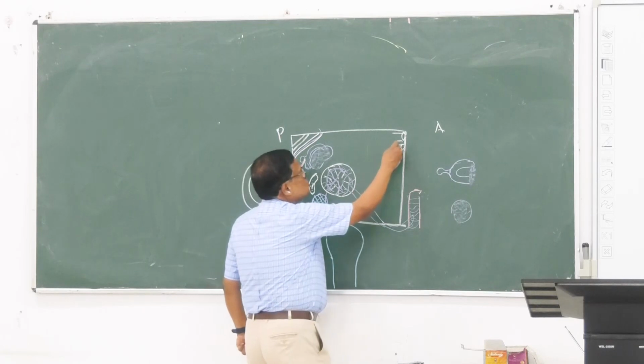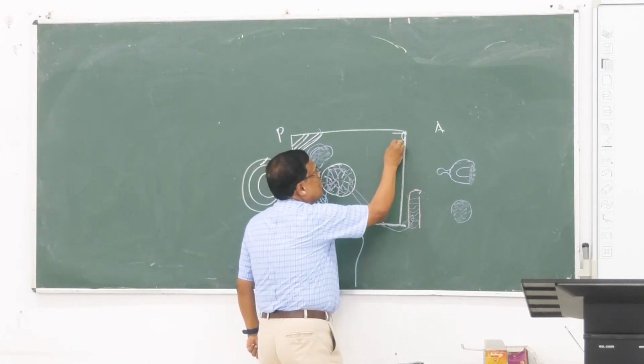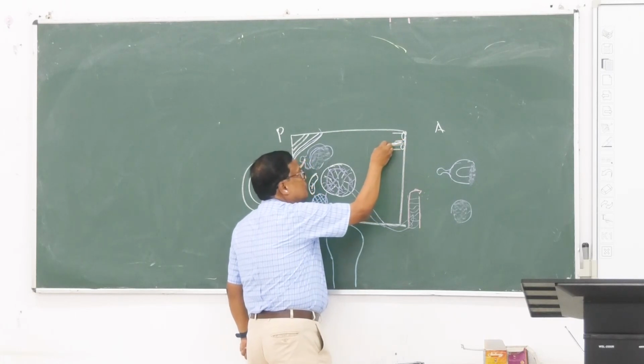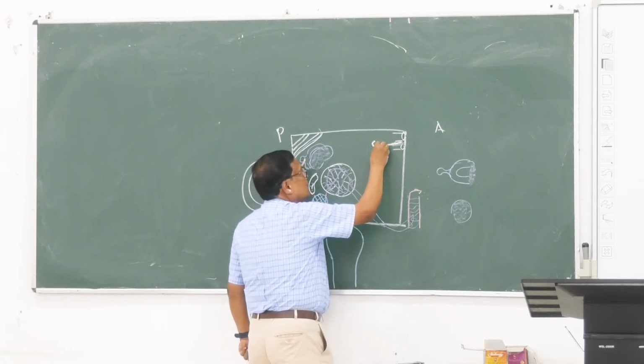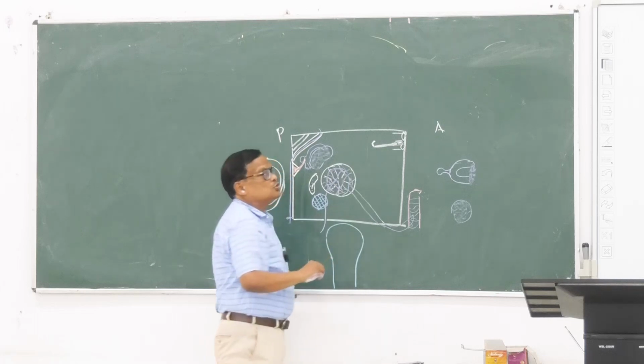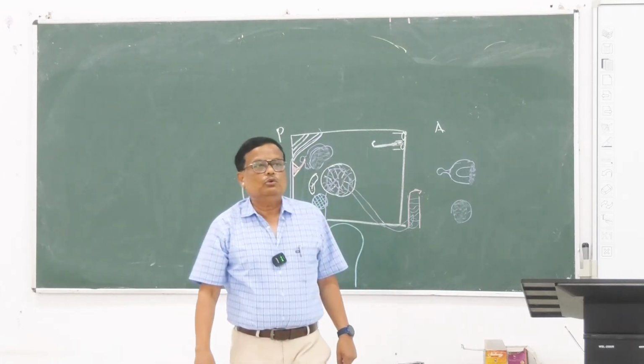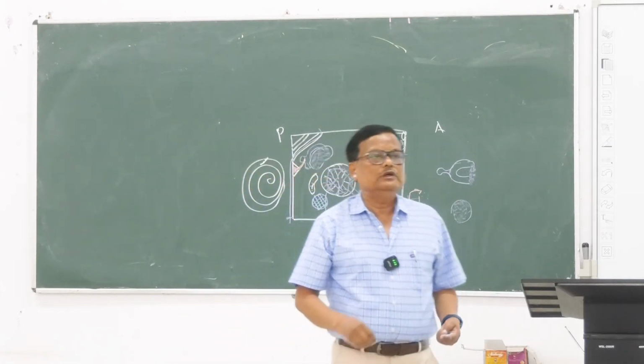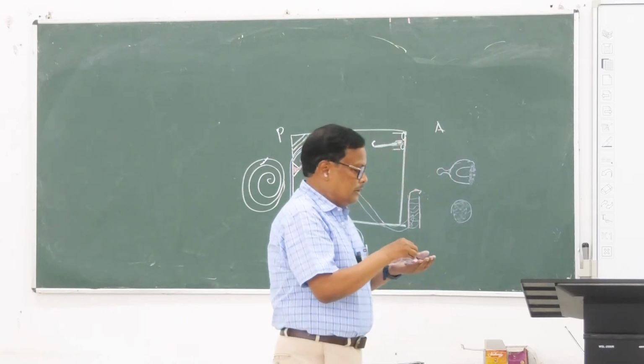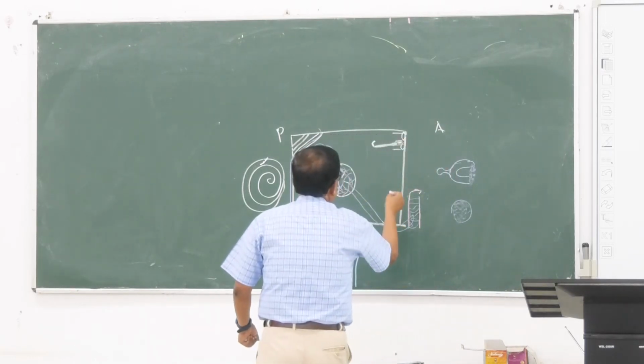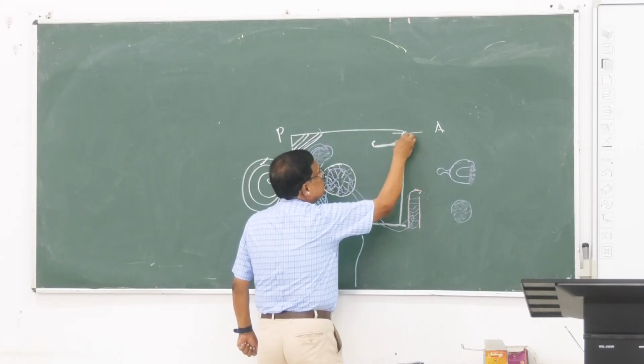In between these two canals, there is a bony plate, which extends backwards and makes a hook-like projection, known as the processus cochleariformis.